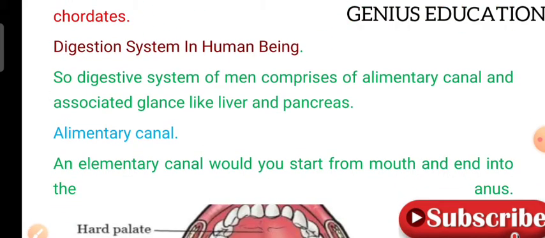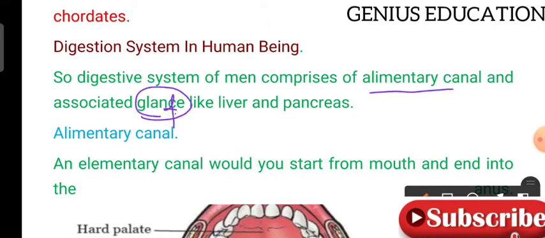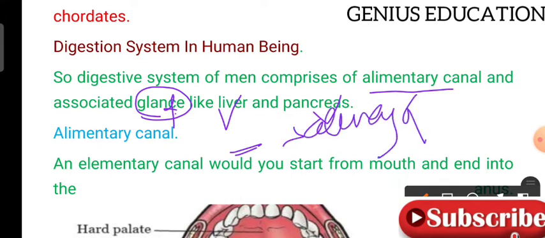And there is another point that you can see, the digestive system in human beings. We will see that the digestive system of human beings comprises different parts: the first one is the alimentary canal and the second one is the associated glands. These are known as the liver, the pancreas, and another one is the salivary gland.